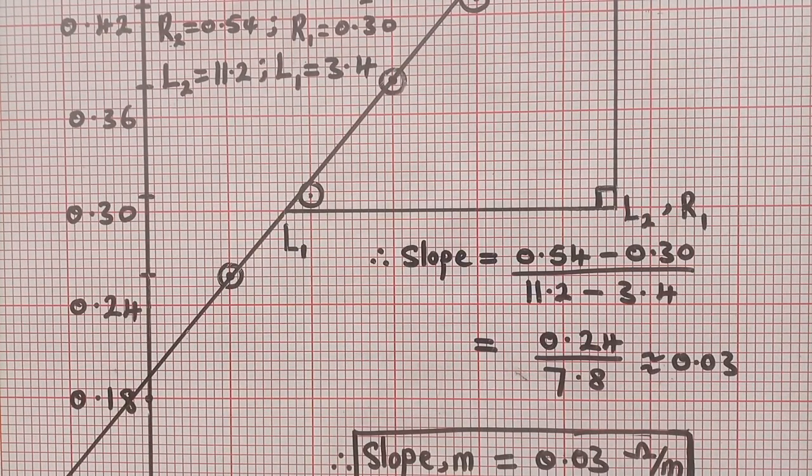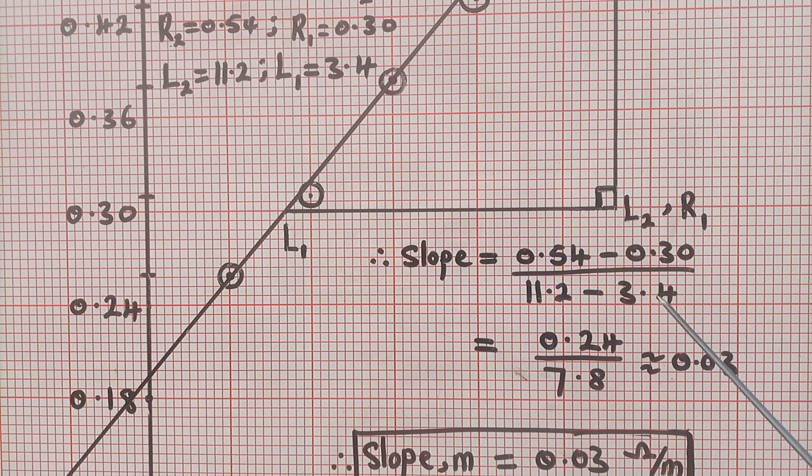Okay, to find the slope now, we do a substitution. This R2, see it here, it is 0.54. R1, it is 0.30. L2, it is 11.2. L1, it is 3.4. The summary is here.